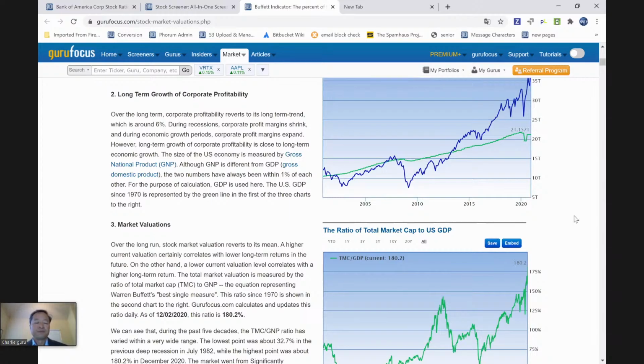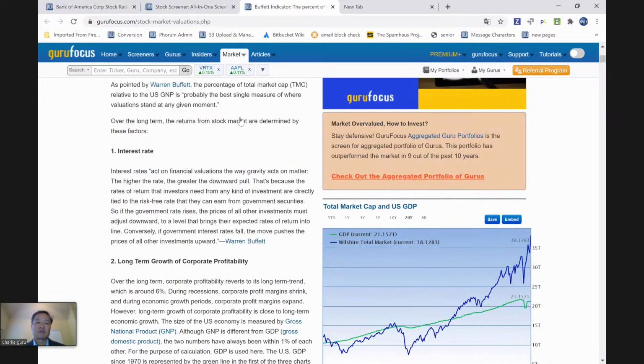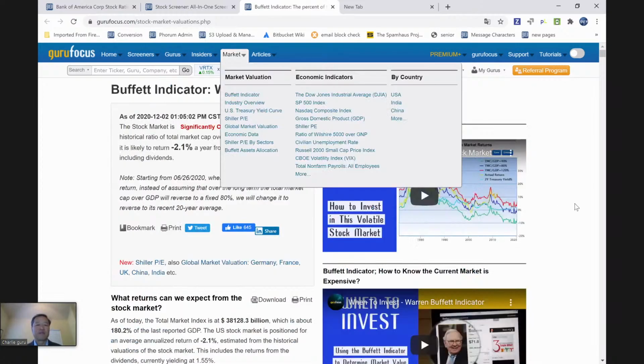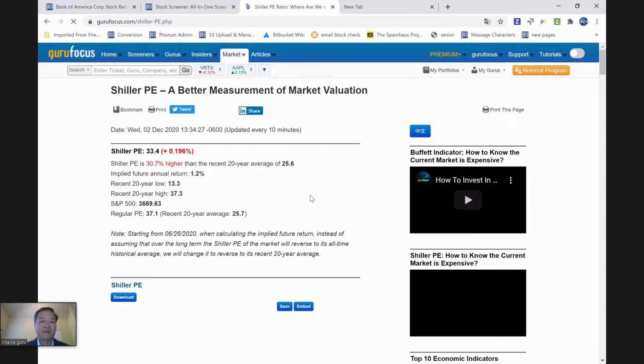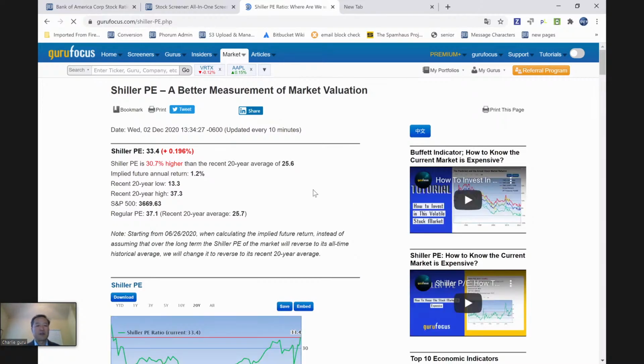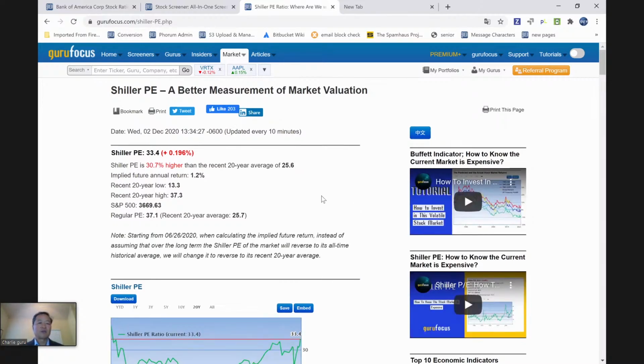And we have a similar indicator which we use, called Shiller P/E. It was invented by Professor Robert Shiller of Yale University. With his indicator, the Shiller P/E is currently 30% higher than the last 20 years of average.